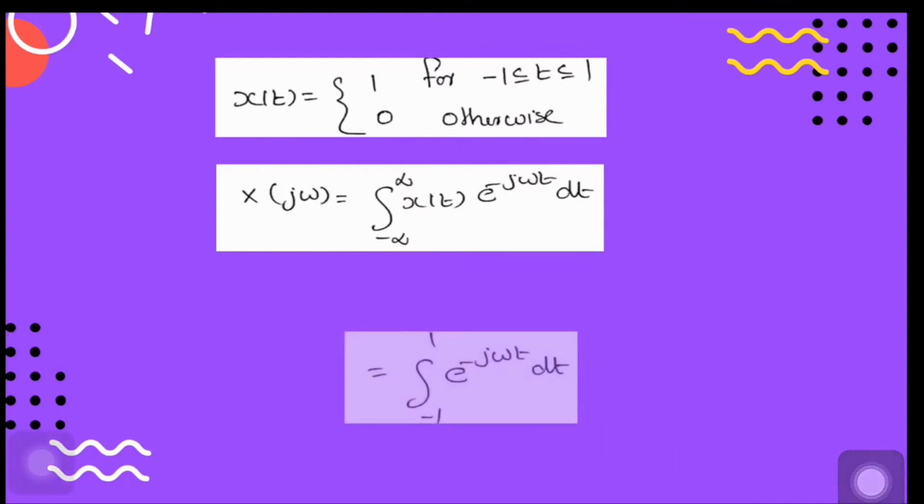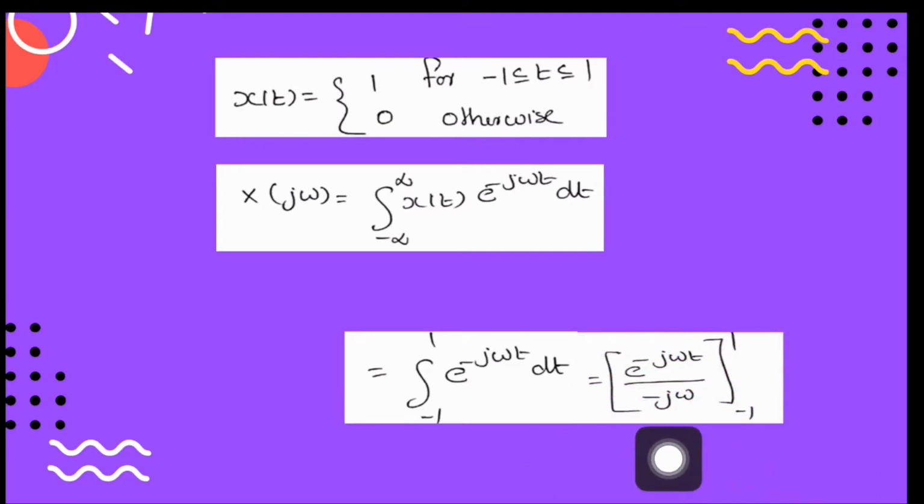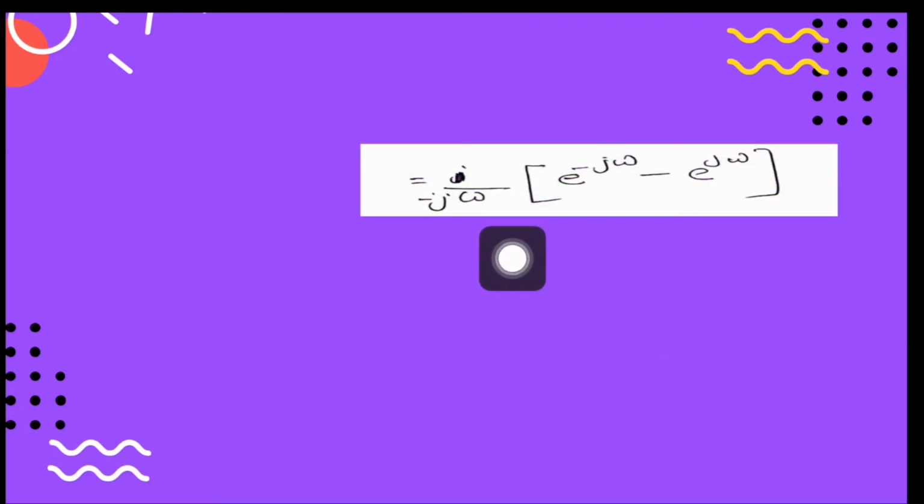Hence we get x of j omega as integral minus 1 to 1 e raised to minus j omega t dt. By performing integration, it becomes e raised to minus j omega t by minus j omega, from minus 1 to 1. After applying the upper and lower limits, we get 1 by minus j omega into e raised to minus j omega minus e raised to j omega.